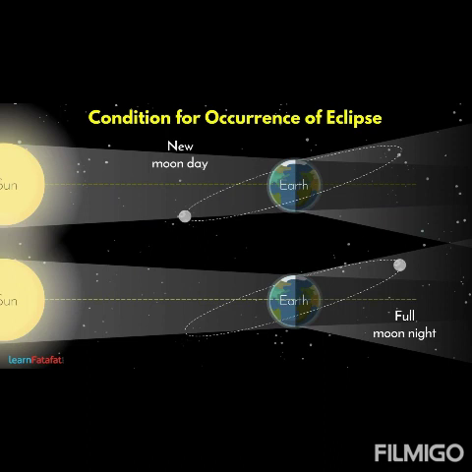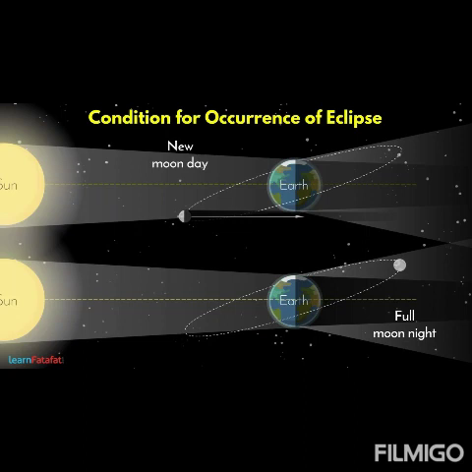Therefore, the eclipse does not occur. Similarly, on the full moon day, the earth does not cast the shadow on the moon. Either the moon is up or the moon is down. It does not fall in the shadow and therefore the eclipse does not occur.